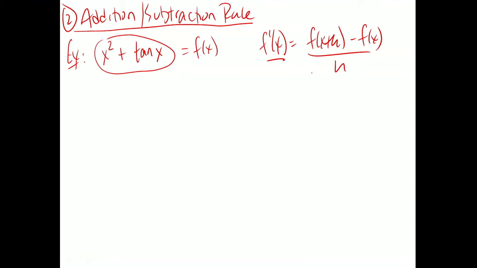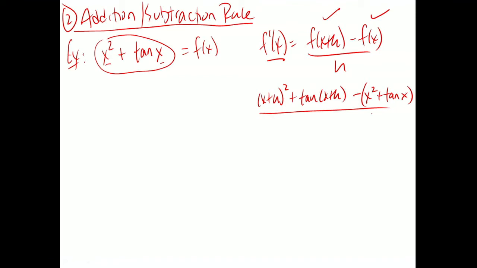If I filled that in on the right over here, I'd get f of x plus h, which says put x plus h in everywhere you see an x, which means here and here. So I'd end up with x plus h squared plus tan of x plus h. Then I would do minus that whole thing, minus f of x. So minus x squared plus tan x. Okay, all over h.